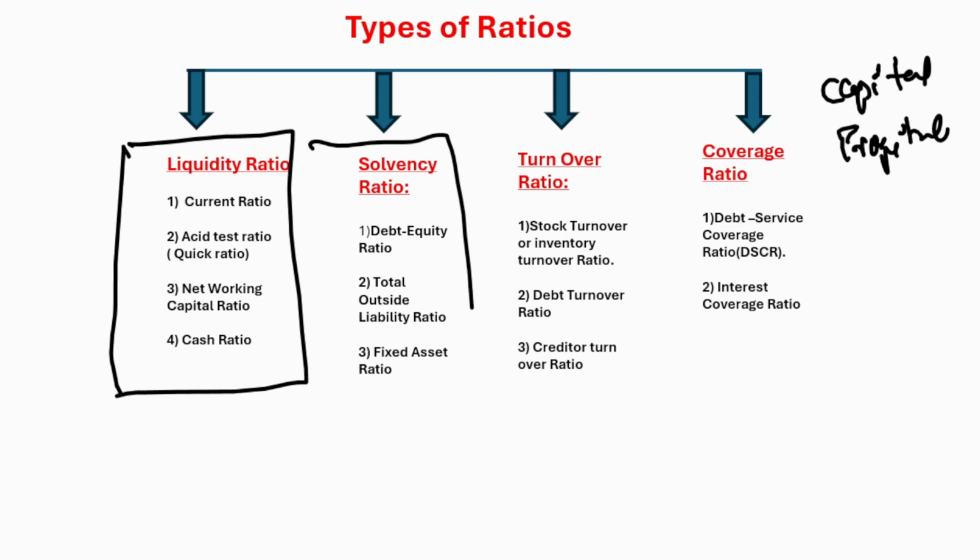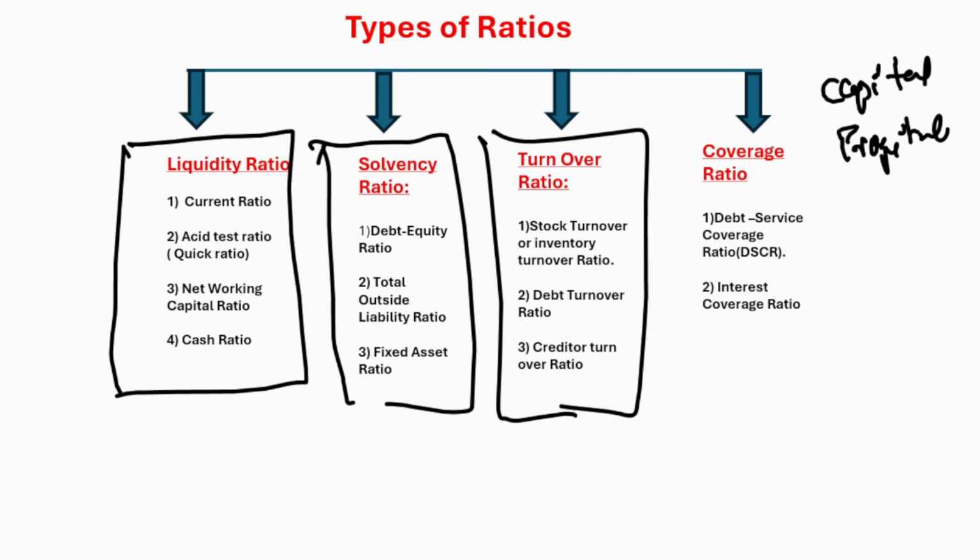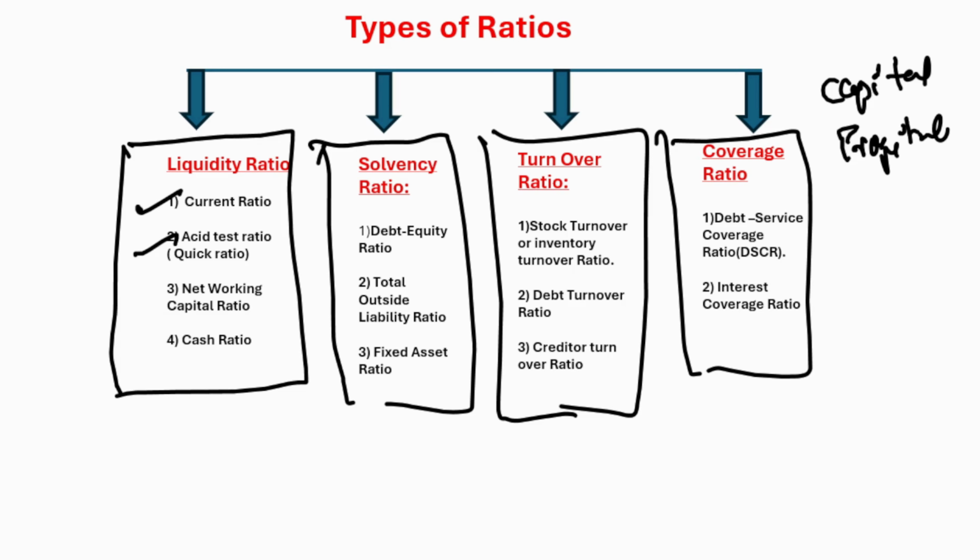And solvency ratio, turnover ratio, and coverage ratio. Right. So many of us are familiar with some of the ratios here: current ratio, quick ratio, debt equity ratio, debtor turnover ratio, and most important, the debt service coverage ratio. Many of us are familiar with these ratios.